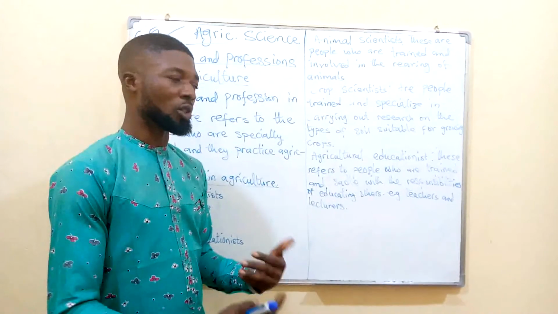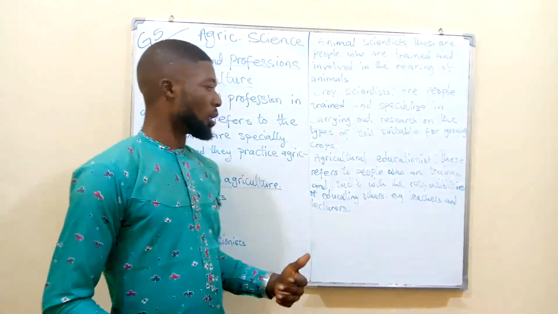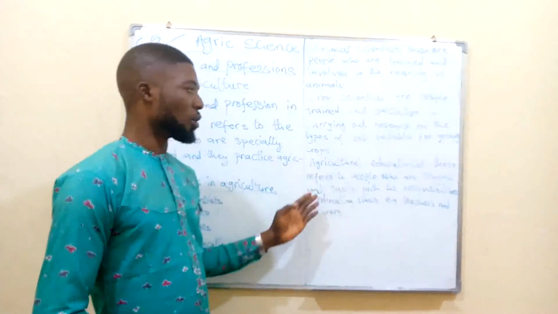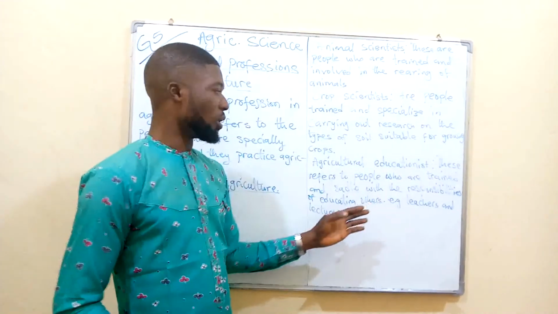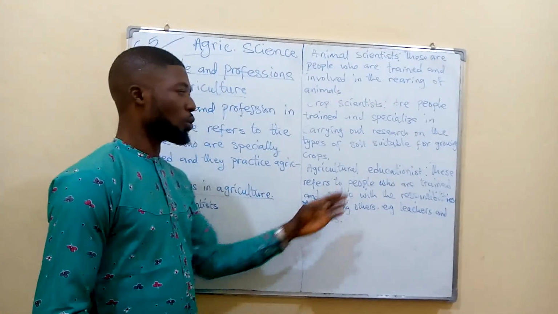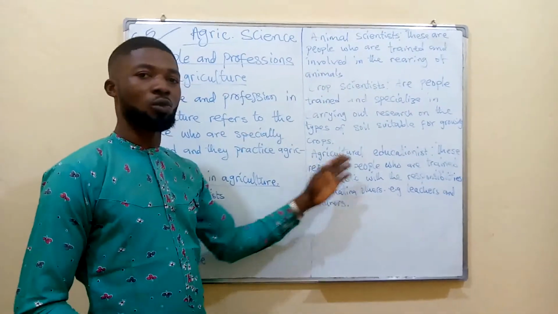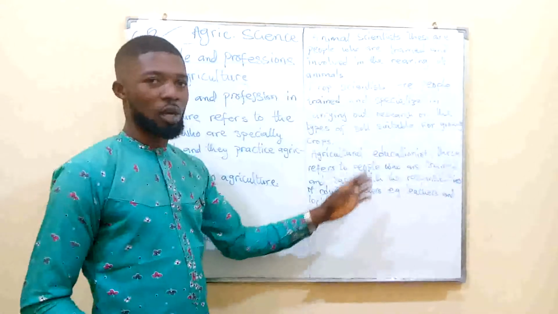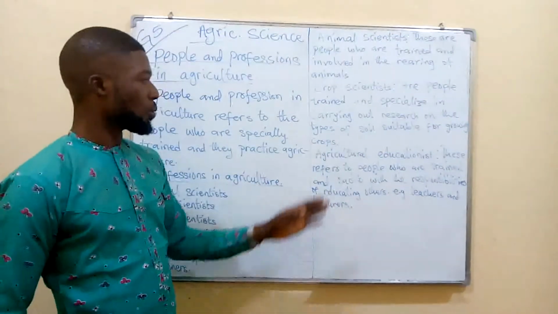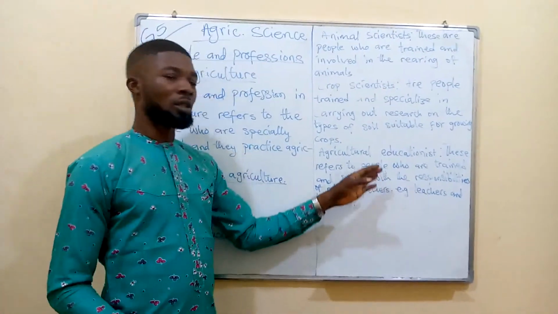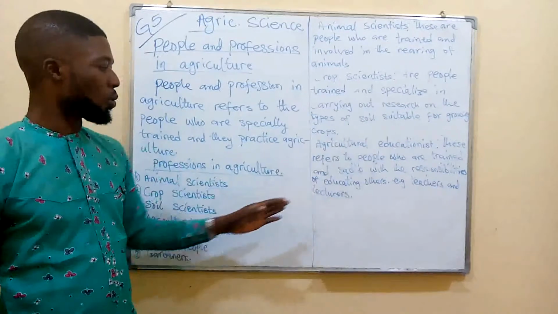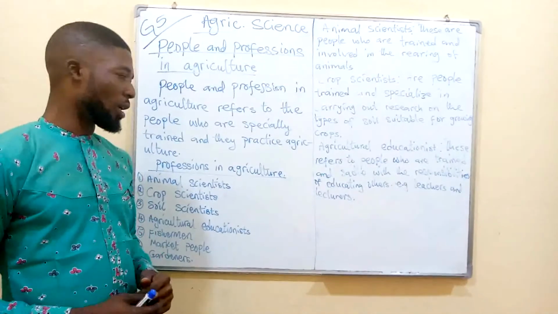For example, Mr. Joseph here is an agricultural educationist, because I am here to teach you the processes involved or how to go about the agricultural activities.